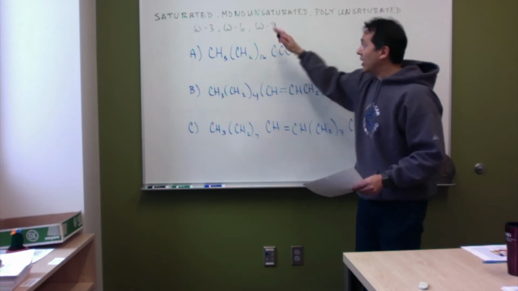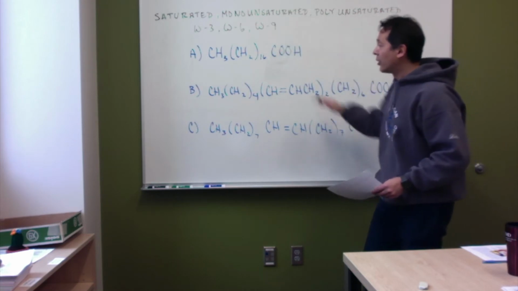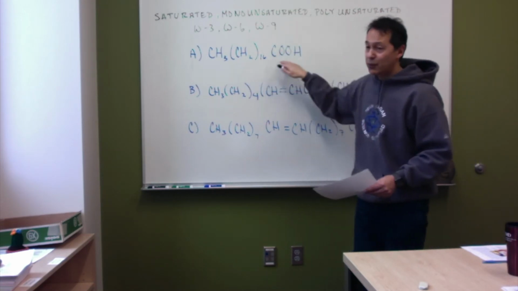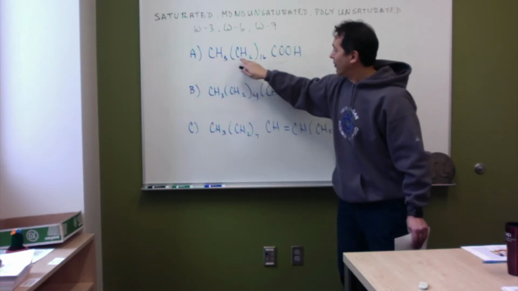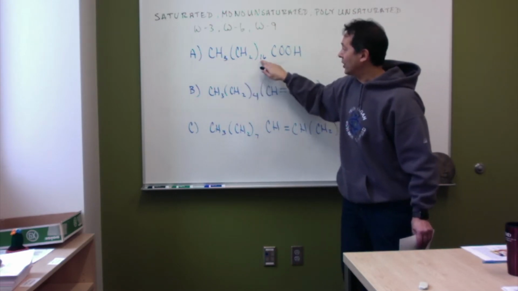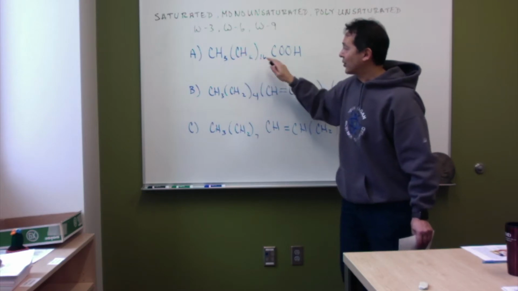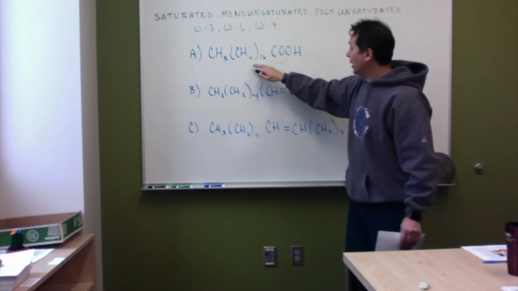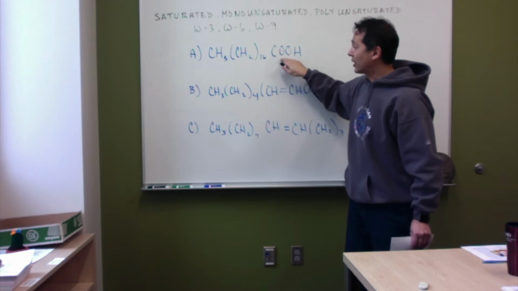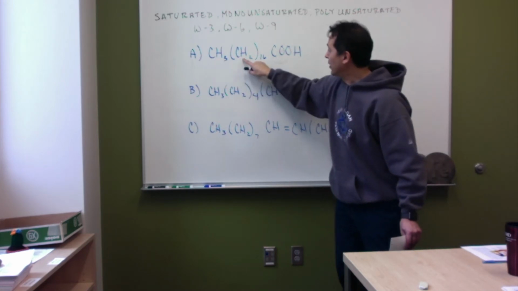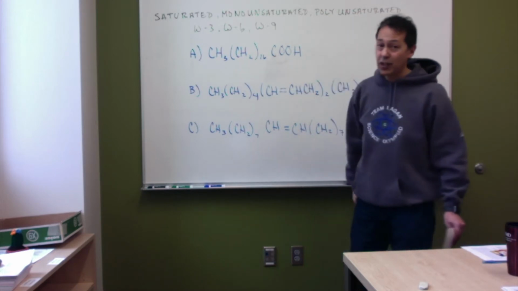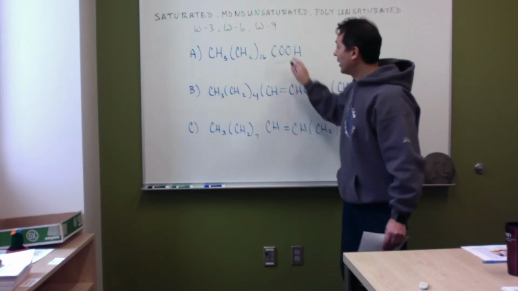Okay, now saturated, monounsaturated, polyunsaturated. We're looking for double bonds. Now this first molecule here, this first fatty acid, we've got a carbon followed by 16 more carbons. And we just put the brackets and the 16 there because we're lazy. And then a carboxylic acid here. So there's a total of 1 plus 16 is 17, that's 18 carbons in this fatty acid.